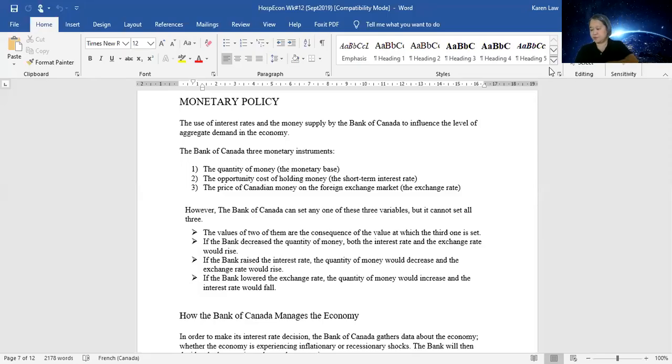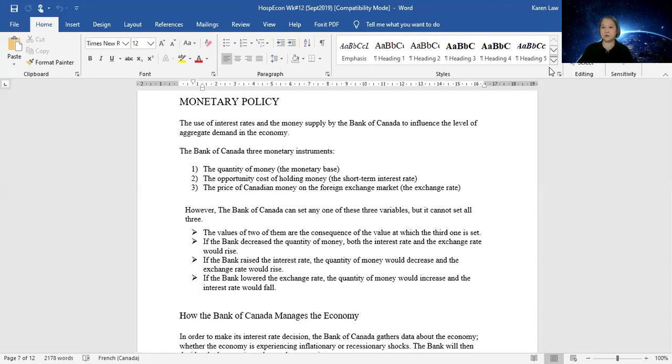All right. So we just went through how the Bank of Canada changes interest rates and then changes the overall economy, basically influence aggregate demand. So the way the bank works is they actually work in reverse. They actually change interest rates first.